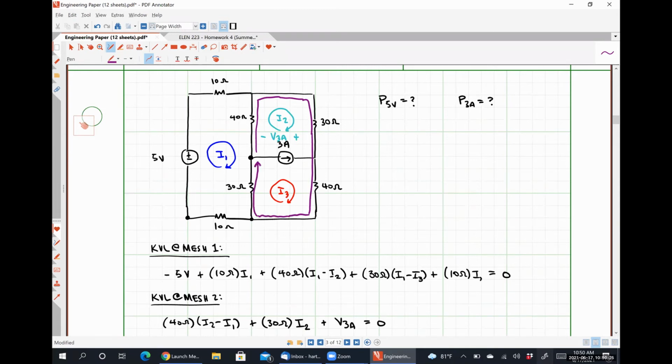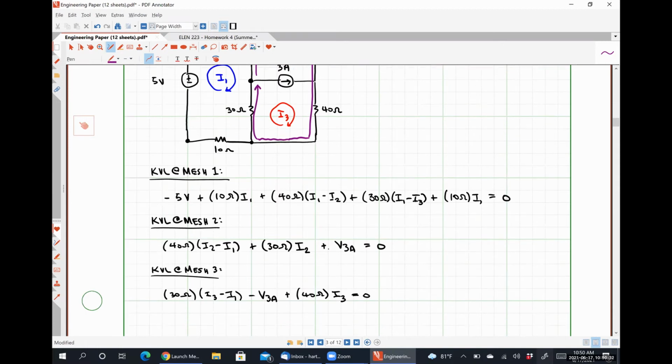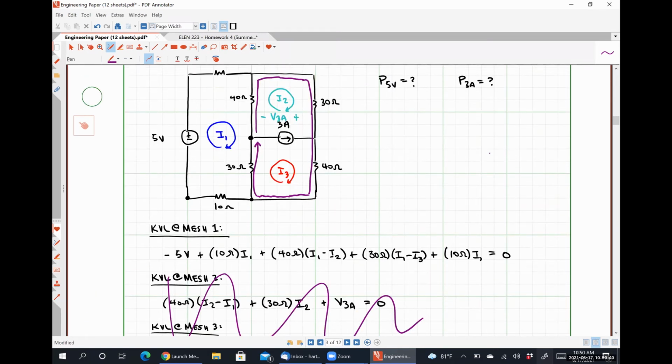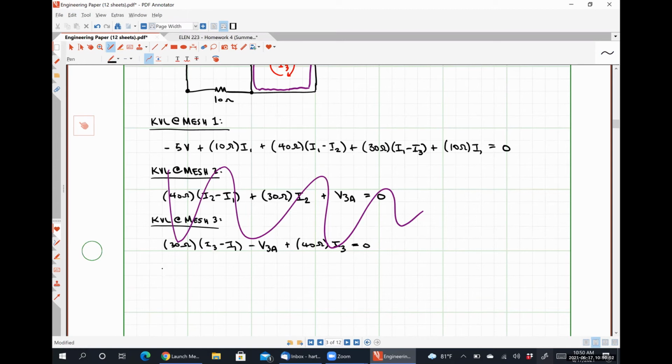So this is the smallest possible loop that satisfies that. Now I'm going to apply Kirchhoff's voltage law around this loop. Doing this super mesh thing allows me to not take that path that caused me issues and introduce that extra variable. KVL around super mesh, and I'm going to call it 2, 3 because it contains meshes 2 and 3.